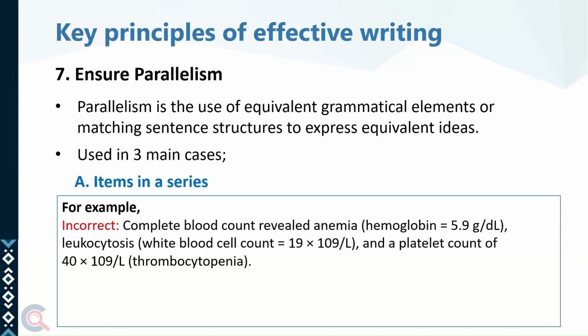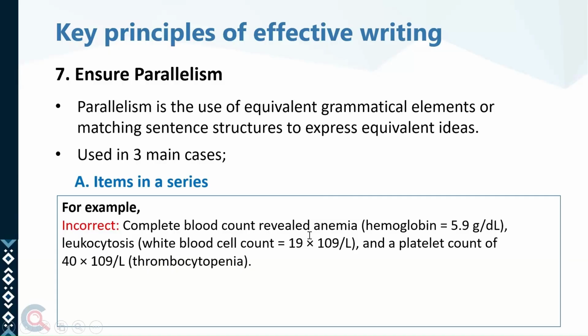You discover that in this sentence, it is not parallel. We begin with anemia, and in brackets we have the equivalent hemoglobin value. We have leukocytosis, and we have the white blood cell count with its value. And the last statement is not following the chronology that was used in the first two instances.